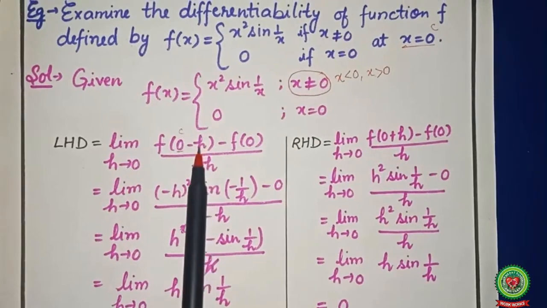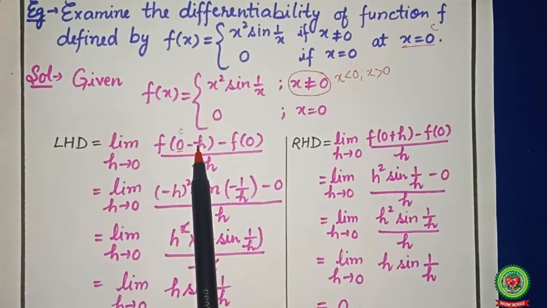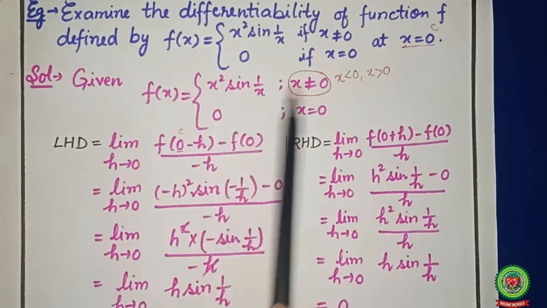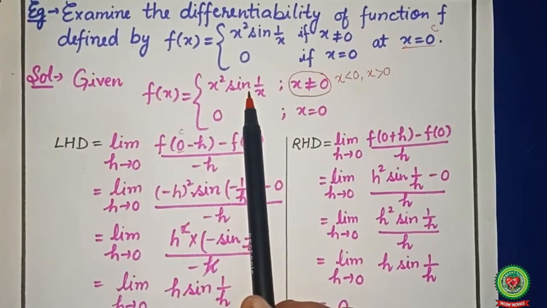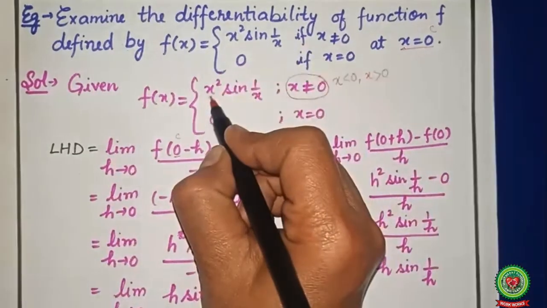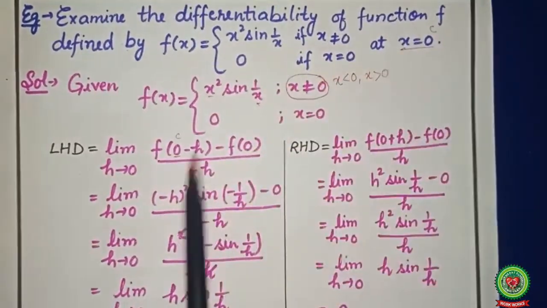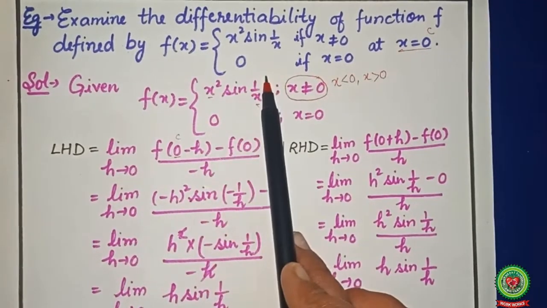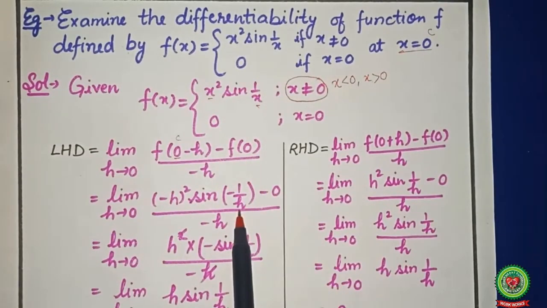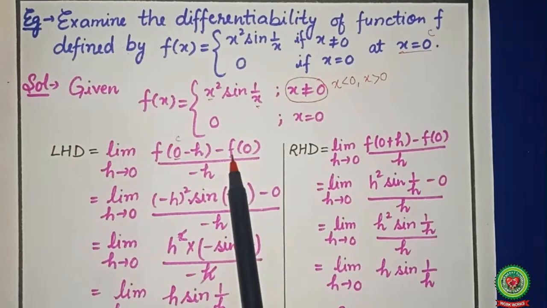So, 0 minus h means simply minus h. So, in place of x, you have to put minus h. Now, for less than 0, we are having x square sine 1 upon x. So, in place of x, we will put the value. We get minus h square sine of 1 upon minus h.